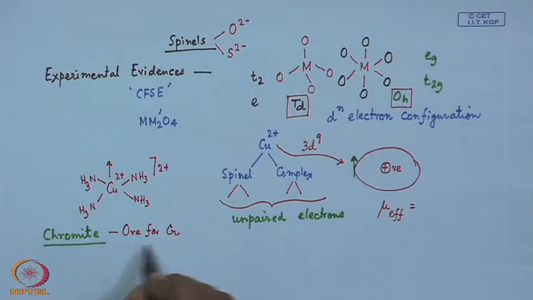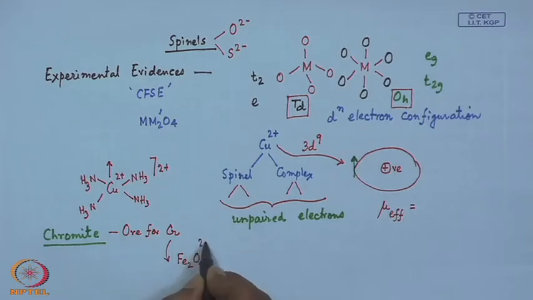Not only can it be processed for chromium extraction, but at the same time it is present within a complex matrix of iron. This iron matrix is the spinel matrix, and this can also be processed for iron as well.